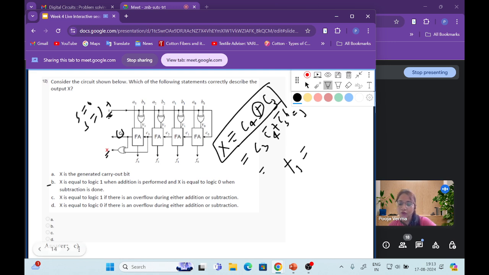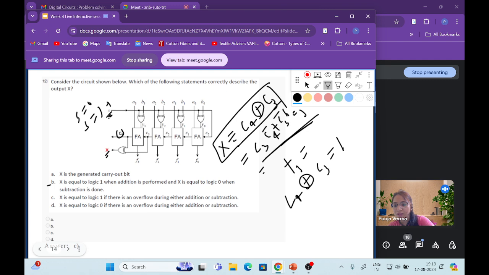So x is equal to 1 if there is an overflow during either addition or subtraction. Option D is x is equal to logic 0 if there is an overflow during either addition or subtraction. But we have already told in the previous slide what the overflow condition is: if the last two carry bits are XORed, the result can be equal to 1.